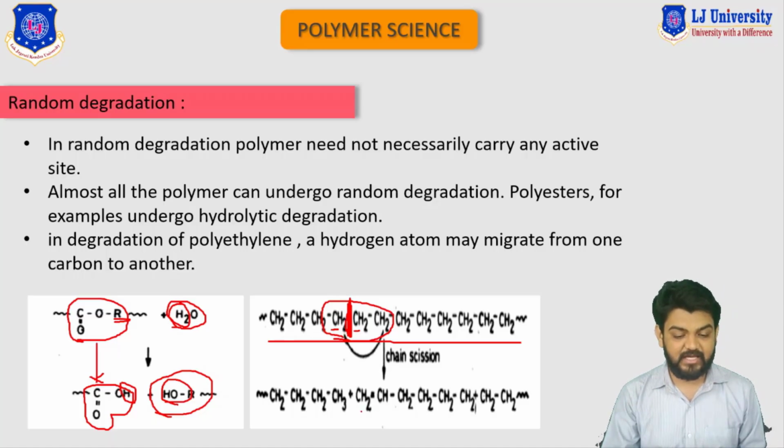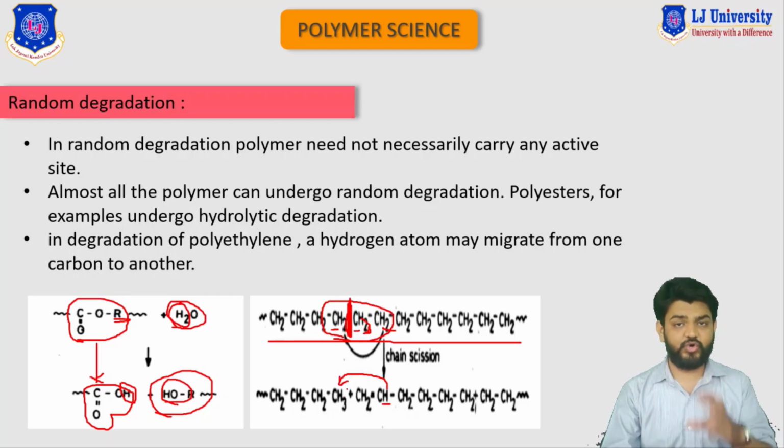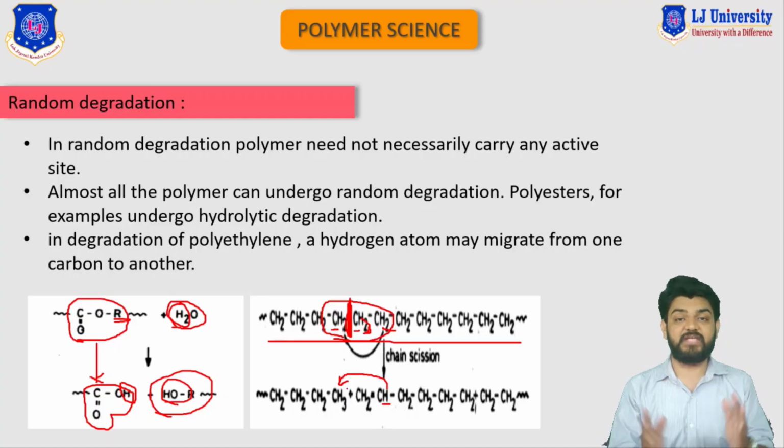You can see here this particular hydrogen is now shifted, so it will have a double bond like this. This particular hydrogen is shifted from here to here. So you can see that we now have CH3 at this place, right? This shows that the two carbons have migrated toward each other, and their respective hydrogen is shifted from one carbon to another.